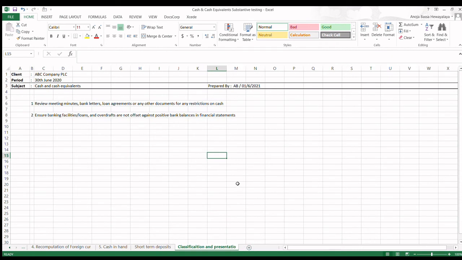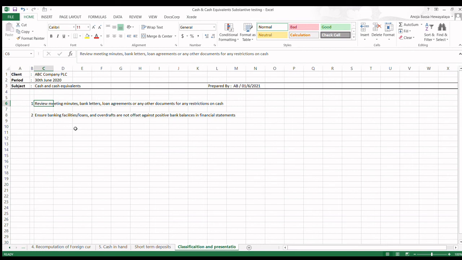And then I just mention these procedures for classification and presentation. When you review meeting minutes, bank letters, or loan agreements, just be mindful about restricted cash, which I explained, what restricted cash is and how you treat it, in my first video on cash and cash equivalents.